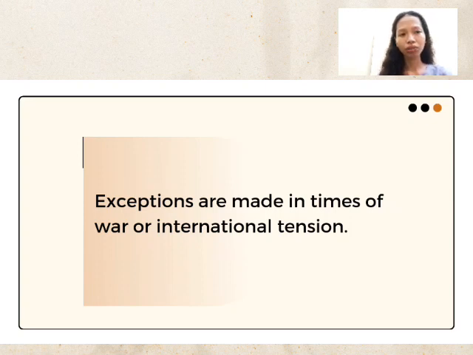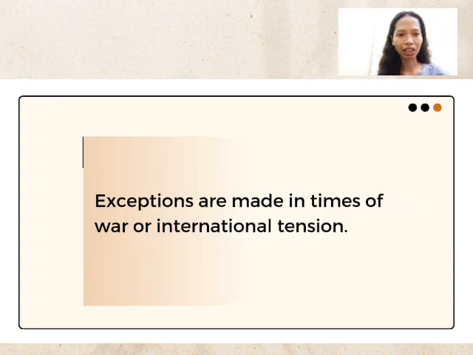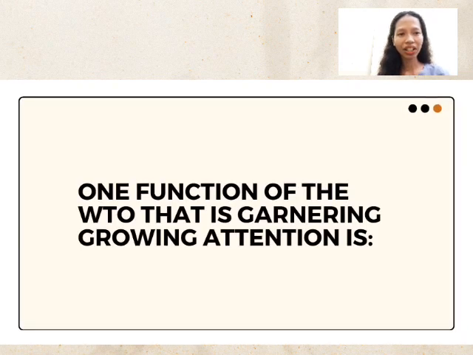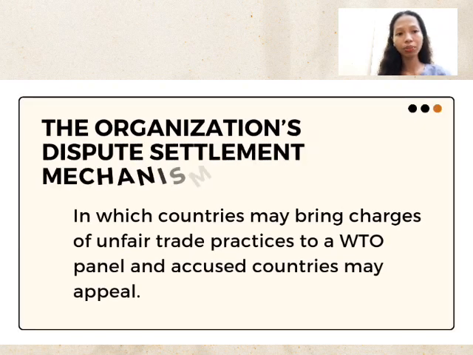Violations of international trade agreements can result in legal disputes and sanctions. One feature of the WTO that is garnering growing attention is the organization's dispute settlement mechanism, in which countries may bring charges of unfair practices to a WTO panel and accused countries may appeal.